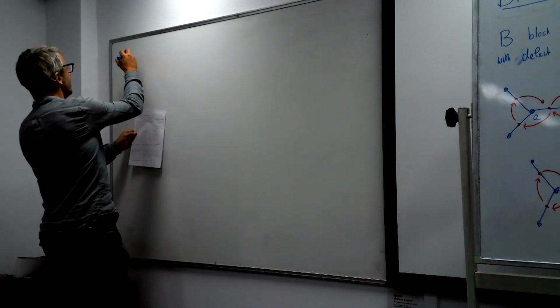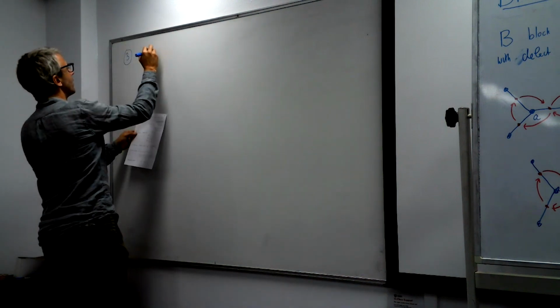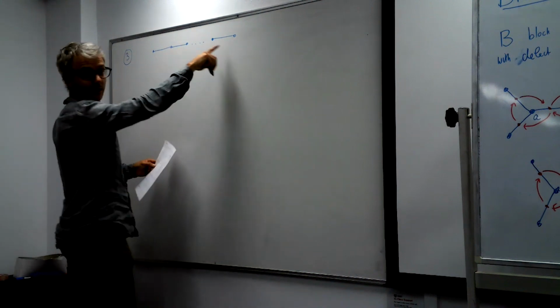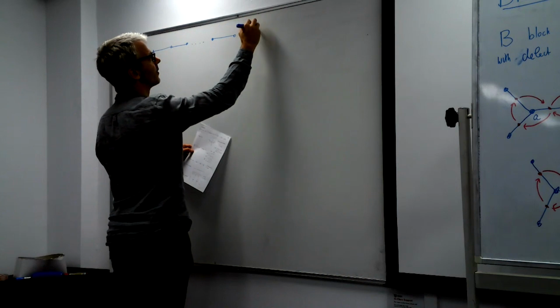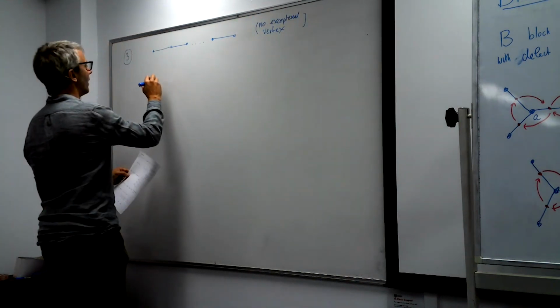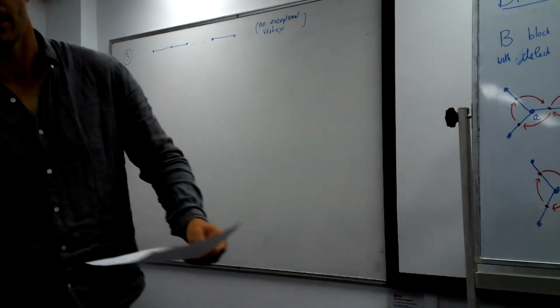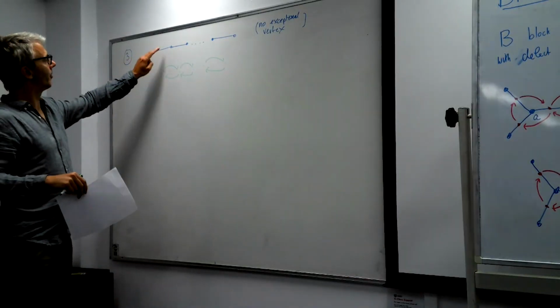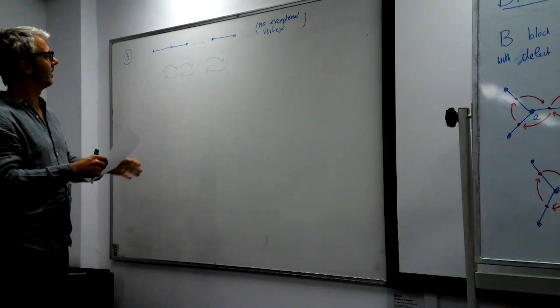So more generally, if we do this, this is just a line, no exceptional vertex. Then our Brauer tree has one vertex for every edge here.